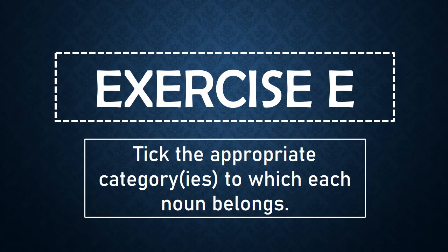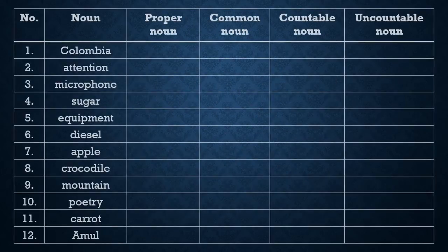Exercise E is based on ticking the appropriate category or categories to which each noun belongs. You are given 6 columns. In the first column we have the numbers, in the second the nouns, and in the other 4 columns, the kinds of nouns. You have to find out the appropriate category where each noun falls and tick it.